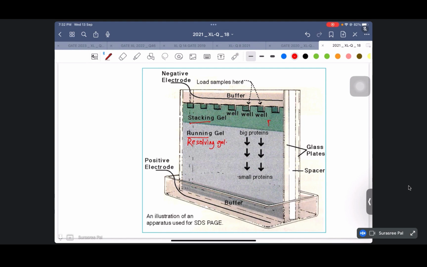In the stacking gel the pH is 6.8, whereas in the resolving gel the pH is 8.8. Why are we making such differences?